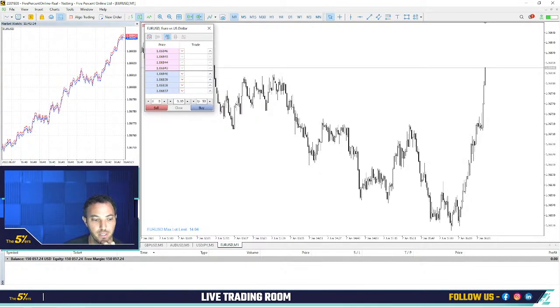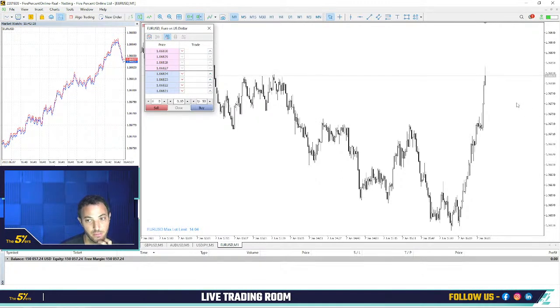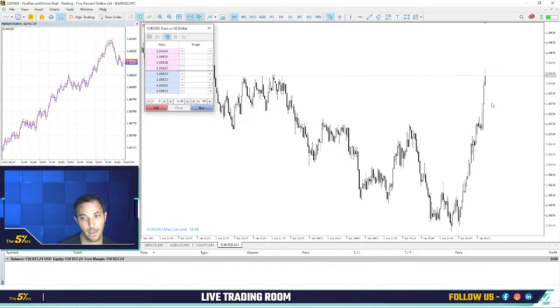I would prefer to place a sell order a few pips below the previous candle low. Yeah, that's a good technique, to be trailing this with a sell stop. That way you get more confirmation, but you give up on price.